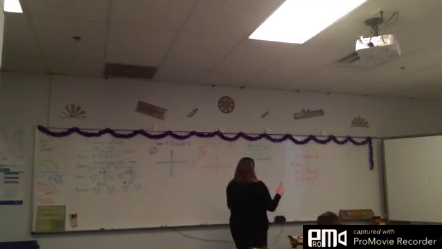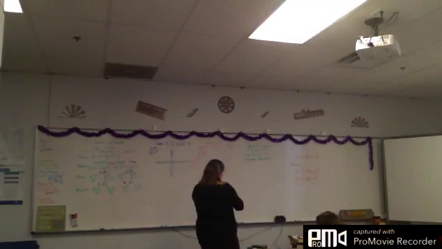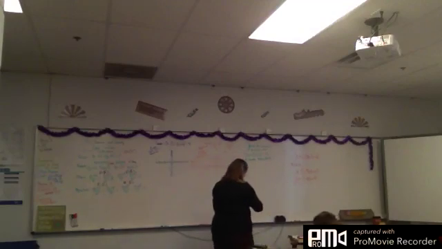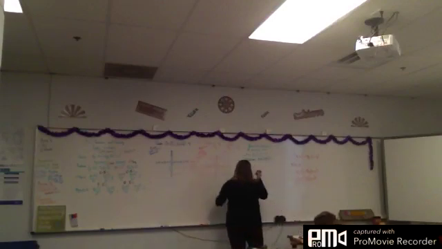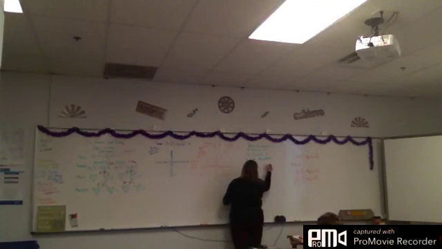Remember, this is an ellipse. If your foci are the same in the y spot, is your a or your b under your y? It would be the second one.